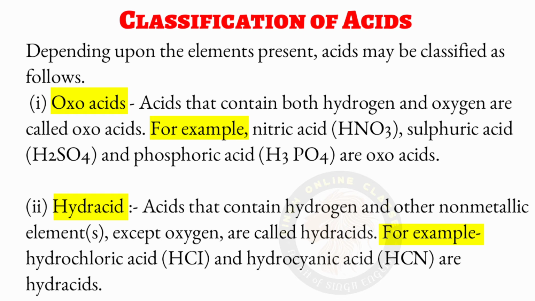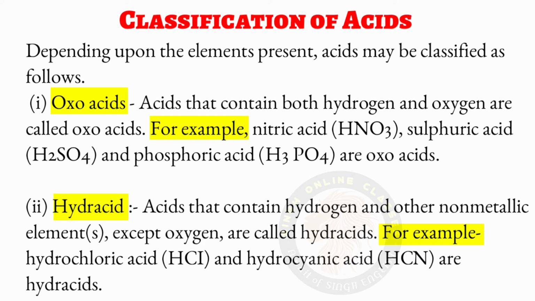Now, classification of acids. We can classify acids in different ways depending upon the elements present in them. Acids may be classified in two ways. First one is oxoacid and second one is hydroacid. So first, oxoacid.